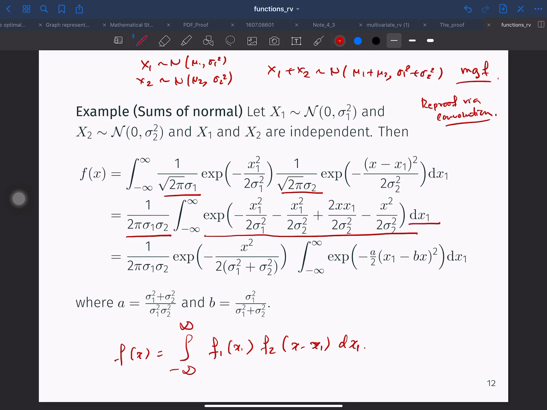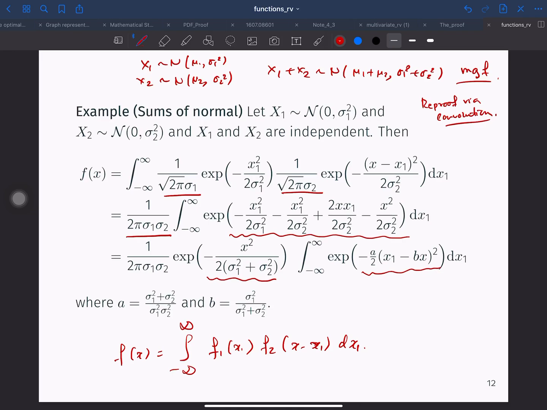But if someone tells you how it is simplified, you could replace this inner term by completing the sum of squares. It will look like this term multiplied by the exponential of the sum.